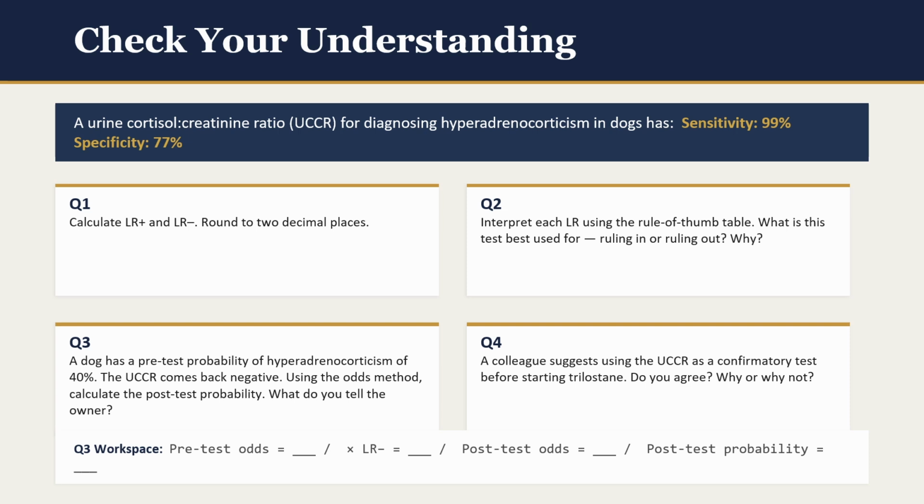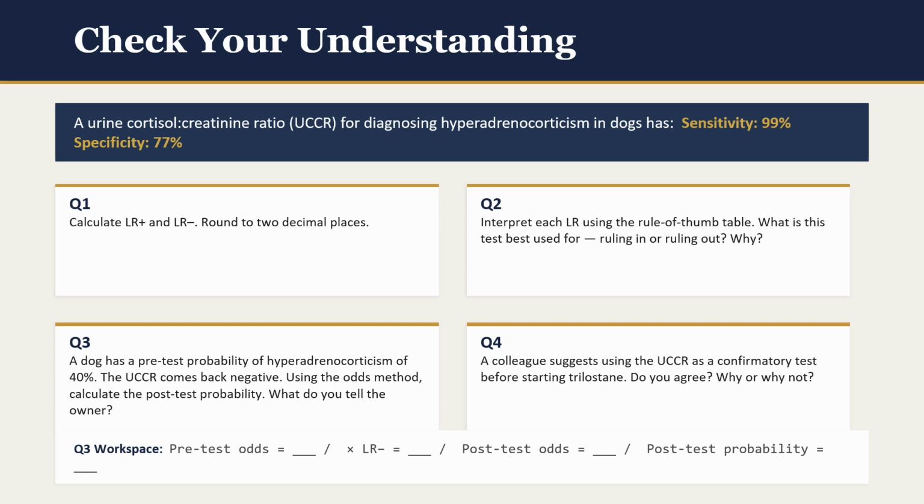A negative UCCR is a powerful rule-out. This test is therefore best used for ruling out hyperadrenocorticism, not for ruling it in. This matches the established clinical teaching. The UCCR is a screening test that, when negative, essentially excludes Cushing's disease. When positive, it requires follow-up with a more specific test.